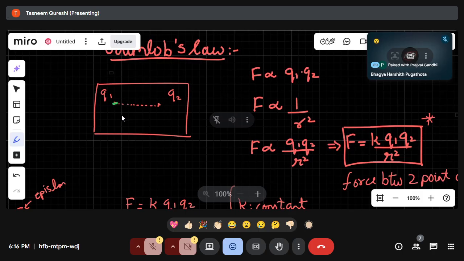Say this is positive, for instance, we are only assuming that, and this is negative. So Q1 will get attracted by Q2 along this line, and Q2 will get attracted by Q1 along this line. Now you do not have anything in their vicinity. This medium is allowing these two charges to come together.